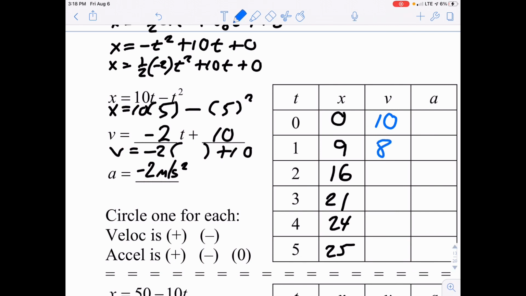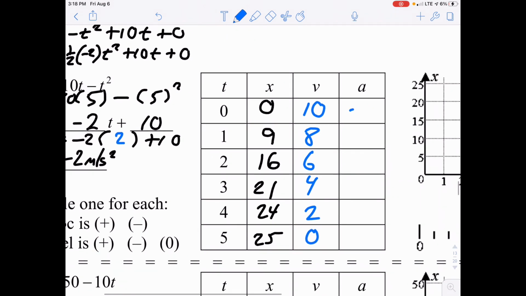When I plug in 2, negative 2 times 2 is negative 4, plus 10 would be 6. And you can see I'm decreasing by 2 every time. So the next ones, of course, will be 4, 2, and 0. Because I am dropping 2 meters per second every second.